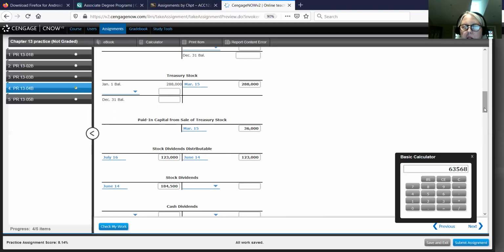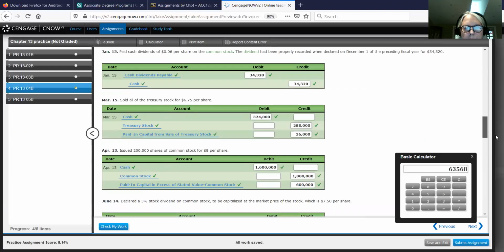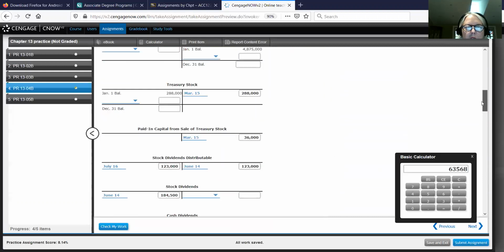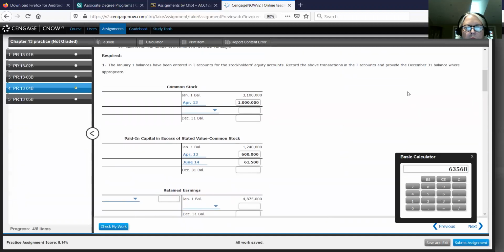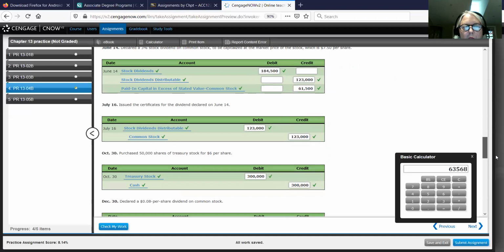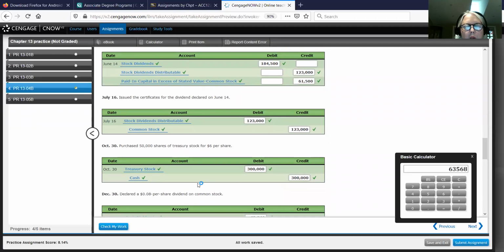And then we would have credited the common stock account for the amount that we gave, which was $123,000. The common stock account would be credited on July the 16th for $123,000. And then we move on to October 30th.